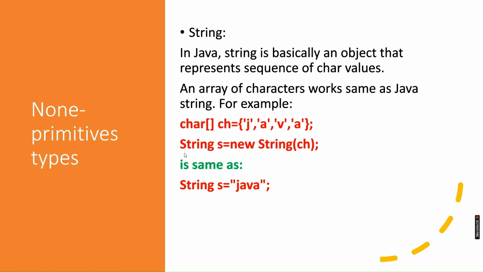If we create a string object, it will be the same as when we say string equals double quote. If you notice, we have single quote for char, and in string we have double quote, and this is the difference.